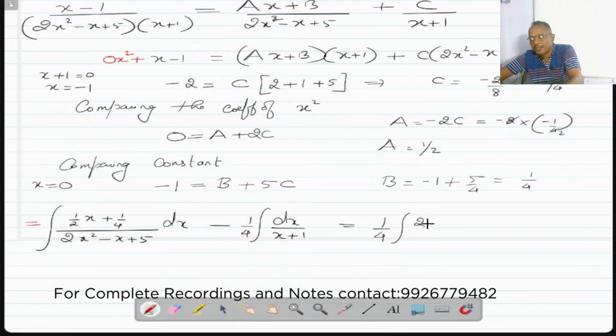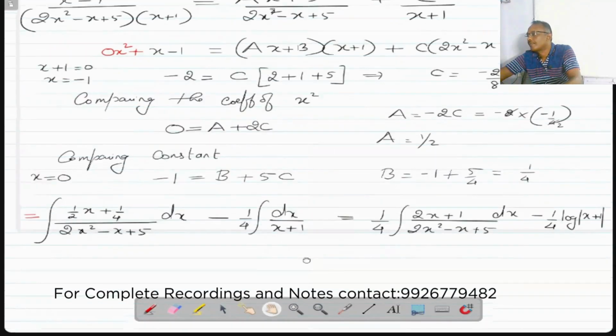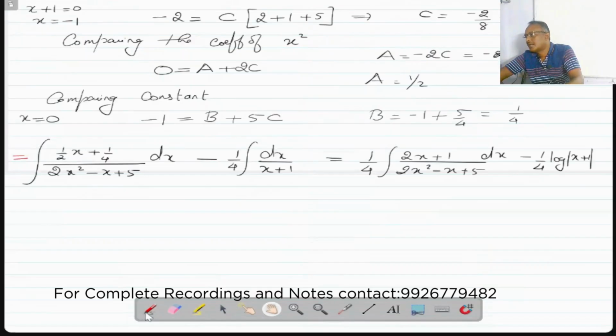So this will become 2x plus 1 upon 2x square minus x plus 5. मेरे प्यारे प्यारे बच्चों, what do you do when you have linear upon quadratic? सर हम तो भूल गए, हम याद करके थोड़ी ना रखेंगे. This is I1. Now what is I1 equal to?